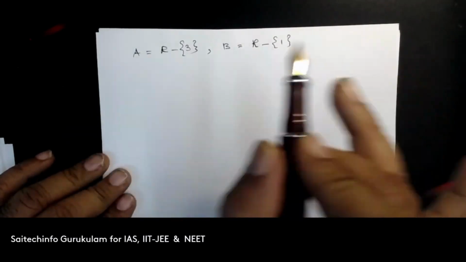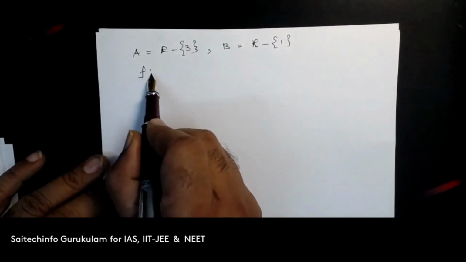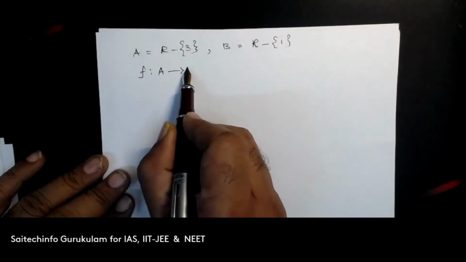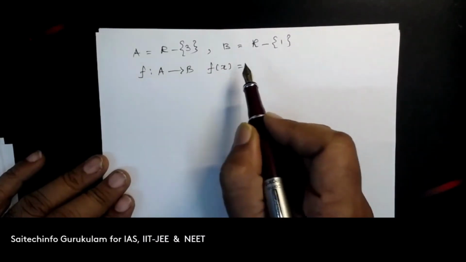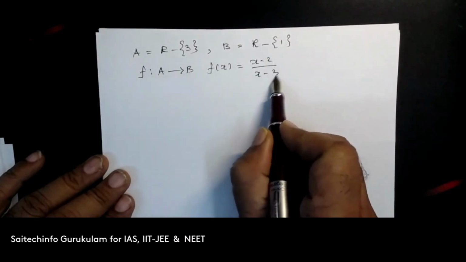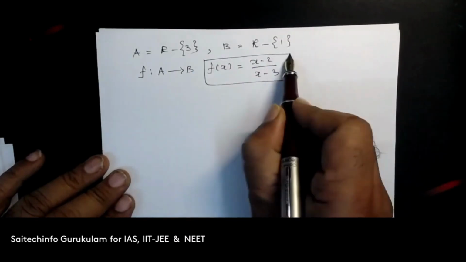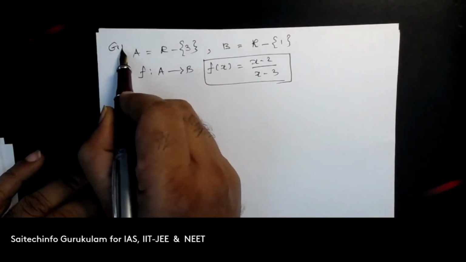Okay, so this point is very clear. Now the function is given such that A is related to B, where f of x is clearly defined as (x minus 2) divided by (x minus 3). So this is the given function. We have to focus on this. Now these are given.